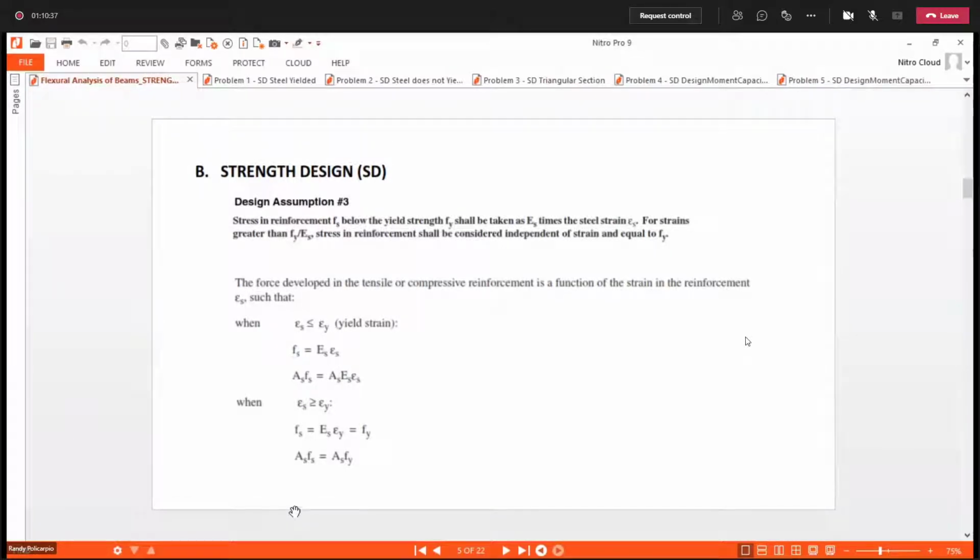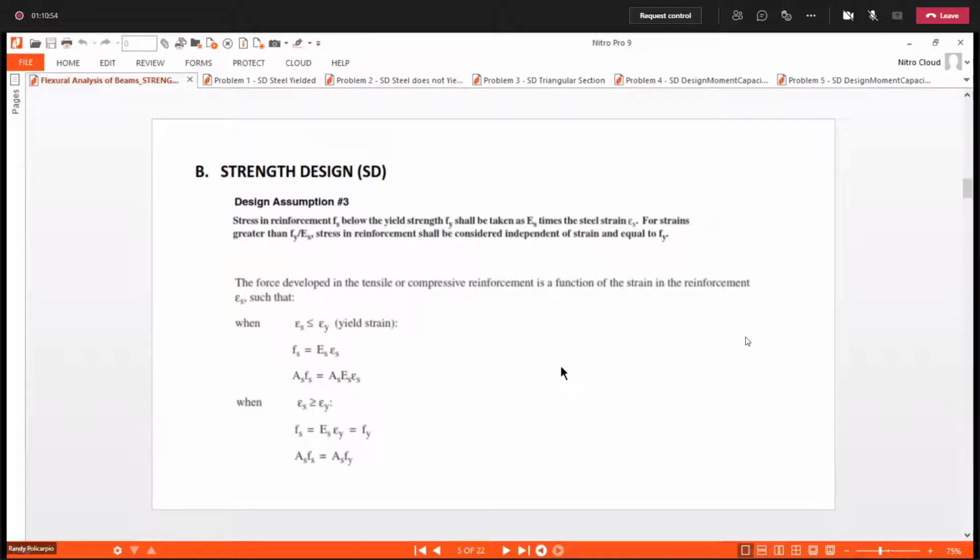I hope you still recall the definition of strain. To make it easier to remember, what is Hooke's law?